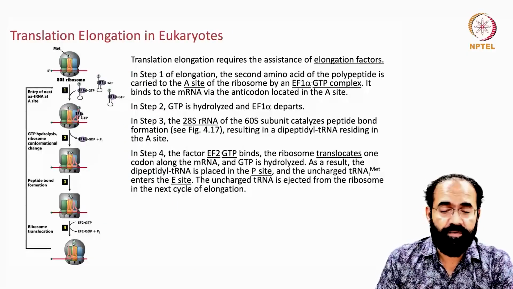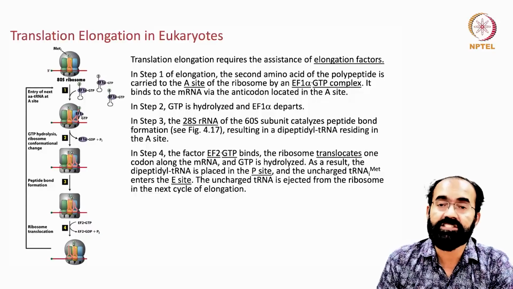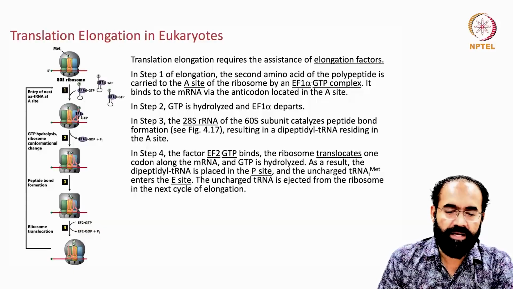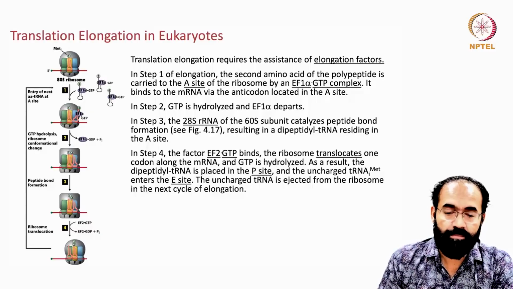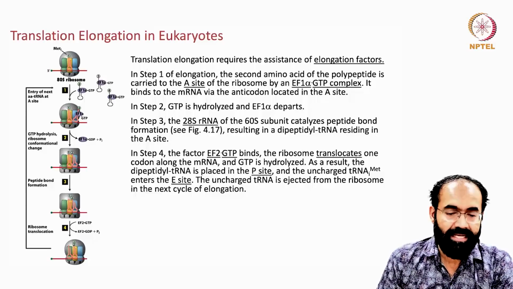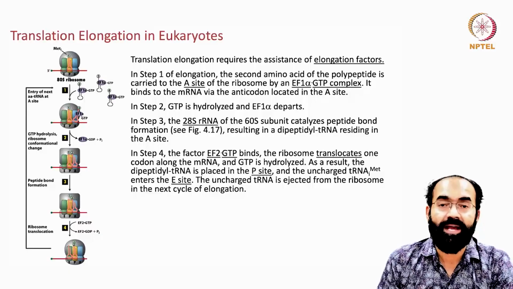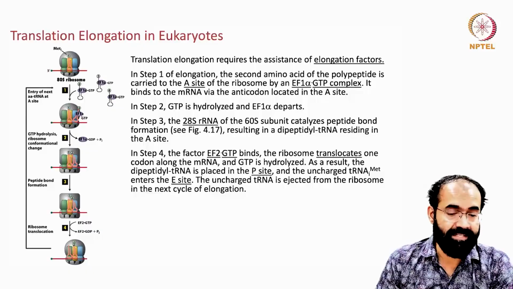So now the next phase is the elongation. Translation elongation requires the assistance of various elongation factors. In step 1 of elongation, the second amino acid of the peptide is carried to the A site of the ribosome by the EF1 alpha-GTP complex. Again GTP is utilized. It binds to the mRNA via the anticodon located in the A site, which is the entry site.